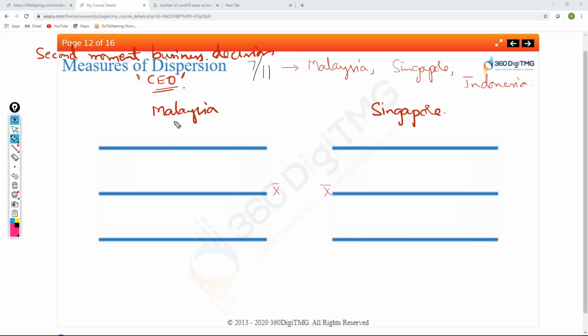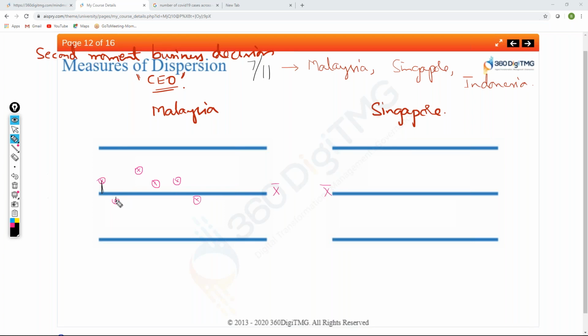Now, say the first month sales in Malaysia was above average. Second month, you were below average. Third month, it was here. Fourth month, fifth month, sixth month, in that way. Now, what is dispersion? What is variation? Dispersion or variation means how far away is each point from the average.